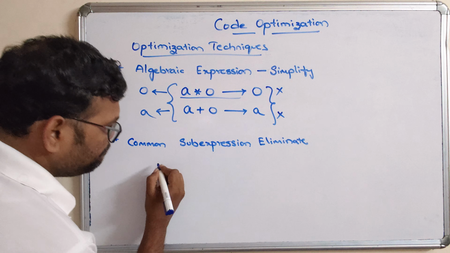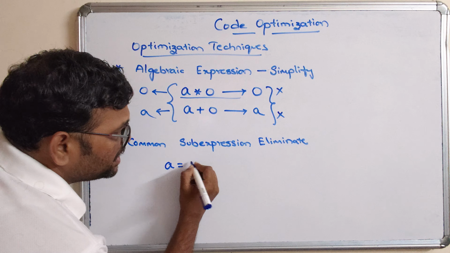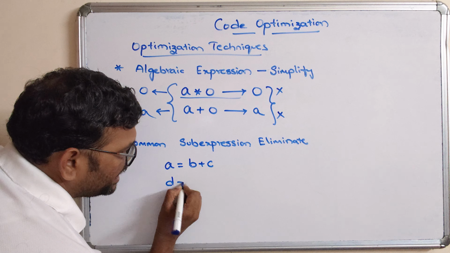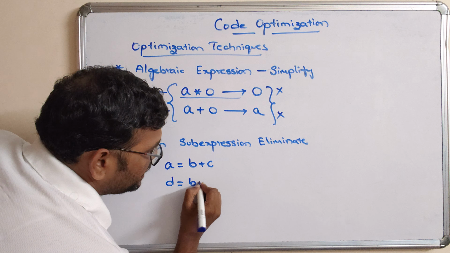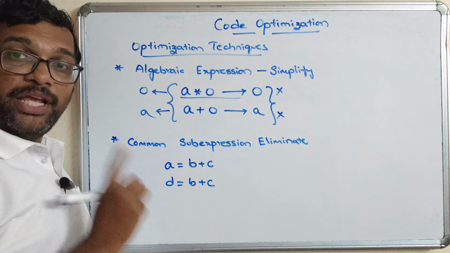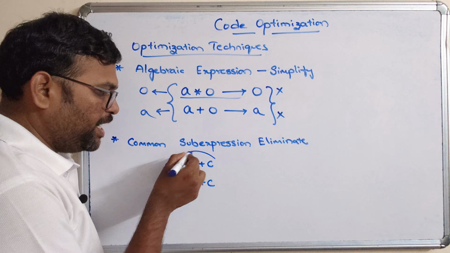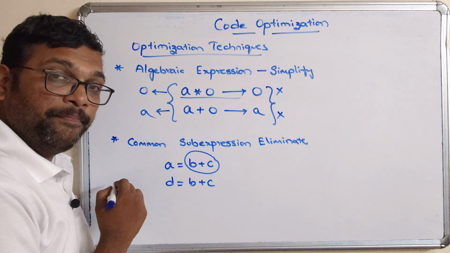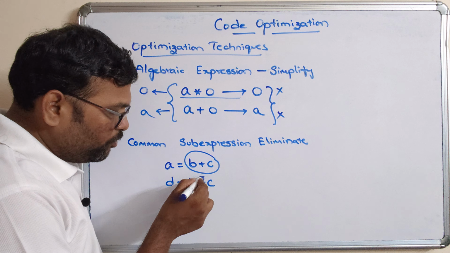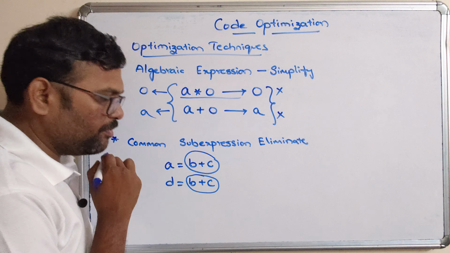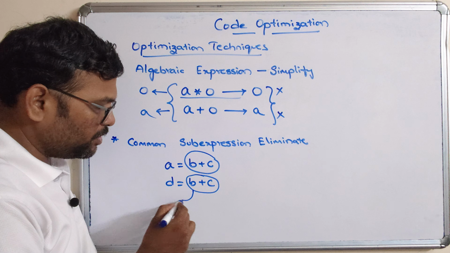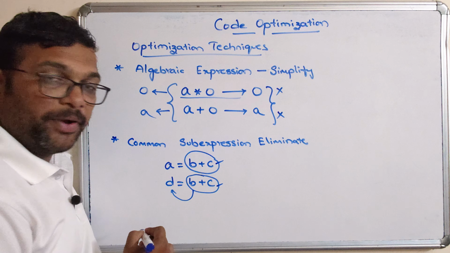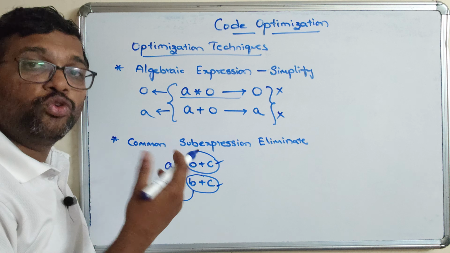Let us take a = b + c, and one more expression, d = b + c. Here you can observe b and c have been added to get the result a, and once again we are adding the same variables and storing the result in d. That means the addition between b and c has been duplicated.